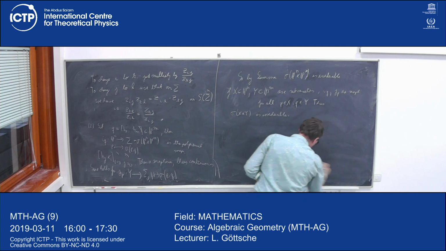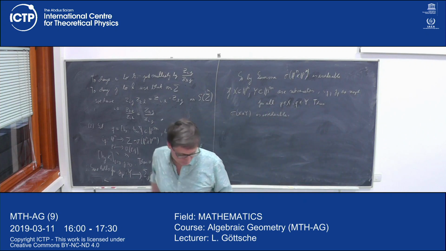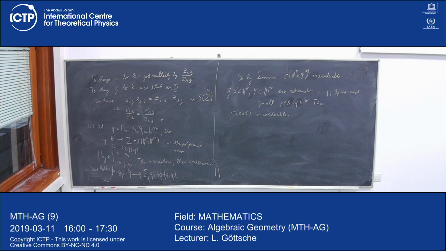Okay, so now we know that. Now I just want to briefly repeat again our identification also for projective and quasi-projective varieties, and then state and prove the universal property.